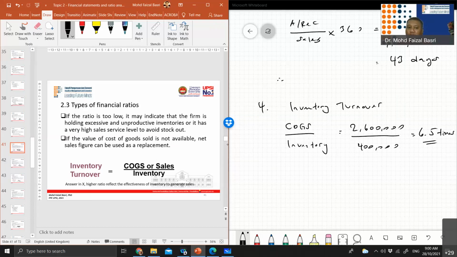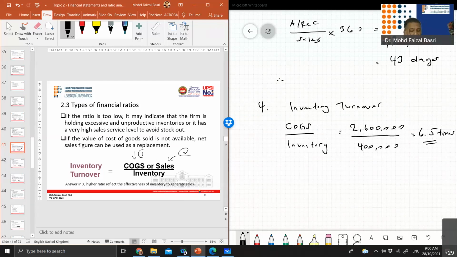Sebab cost of goods sold ni, for inventory turnover, we use cost of goods sold. Okay, it means priority, we use cost of goods sold. If there's no cost of goods sold in the account ataupun in the statement, then you can refer to revenue. This is second choice. Our first choice is always cost of goods sold.